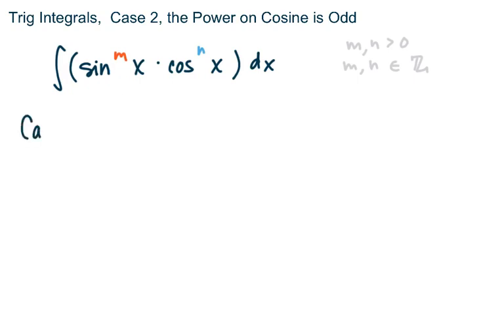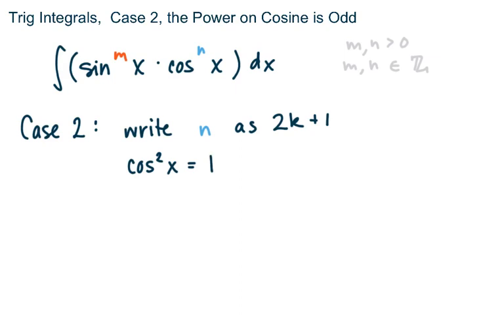Okay, so when we are dealing with case 2, what is our strategy? What we want to do is write n as 2k plus 1. And then we're going to use the fact that cosine squared x is 1 minus sine squared x.